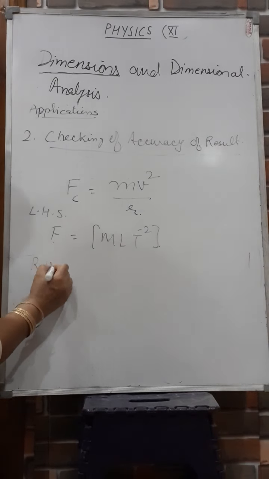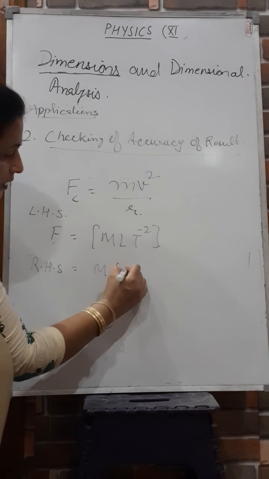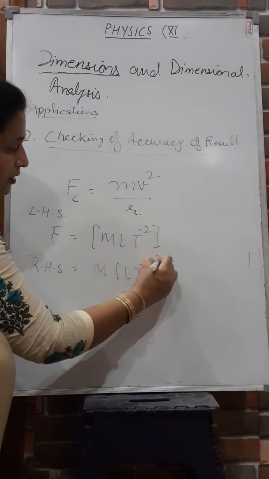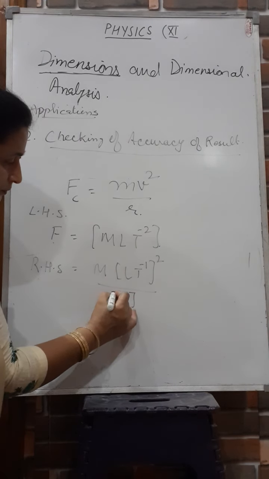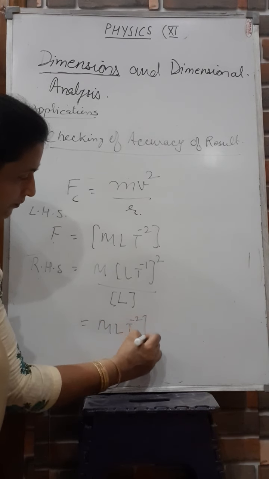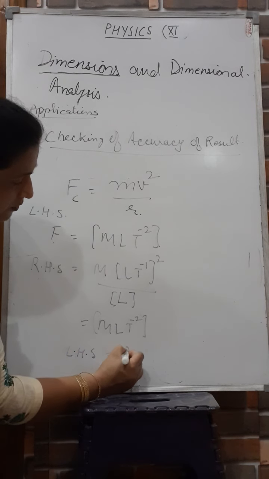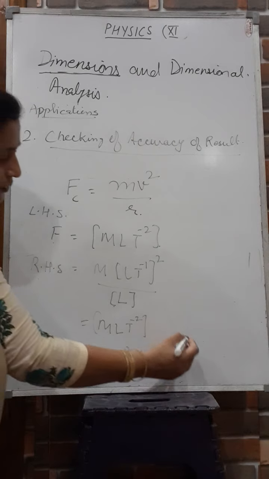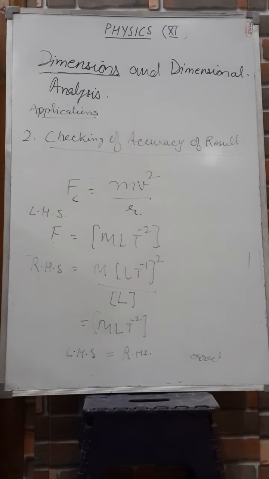Right hand side: mass M, velocity LT minus 1 squared, upon r, which is L, giving MLT minus 2. So the dimensions of the left hand side are equal to the dimensions of the right hand side. So this relation is correct. This is how you can find out the correctness of the relation, the checking of accuracy of the relation.